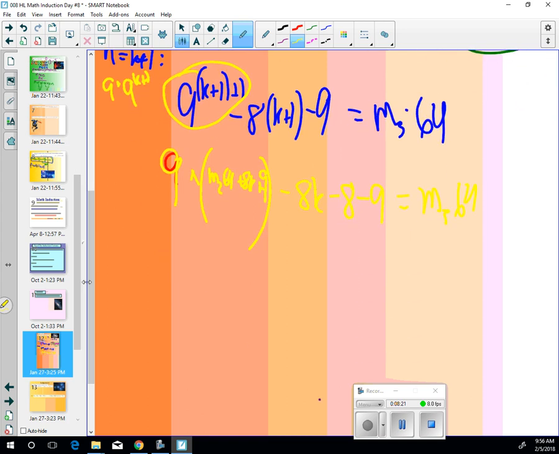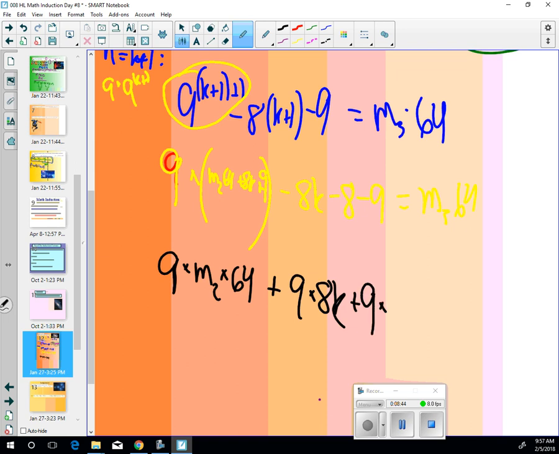Okay, so now I have 9 times M2 times 64. Is that a multiple of 64? Oh, yeah. And then it's going to be plus 9 times 8k plus 9 times 9 minus 8k minus 17 equals M3 times 64.